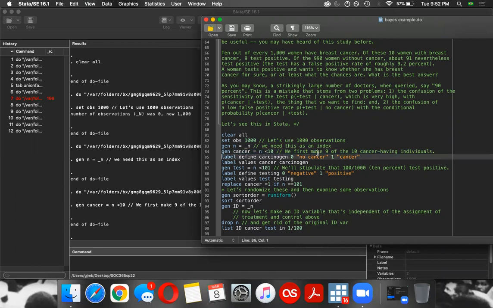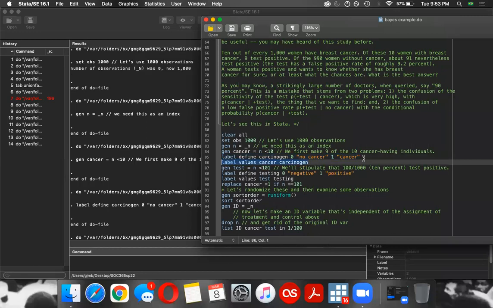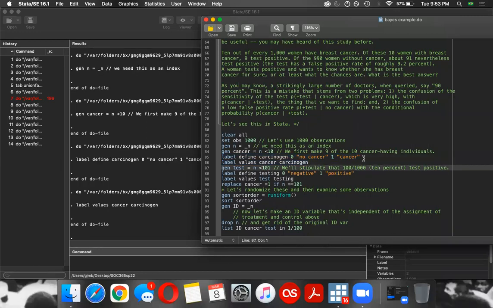Now we're going to make a value label. Let's call it carcinogen. We'll say 0 means you do not have cancer, 1 means you do have cancer, and we'll label the values. Next we want to stipulate that 100 out of the 1,000 people, or 10%, will test positive for cancer overall.